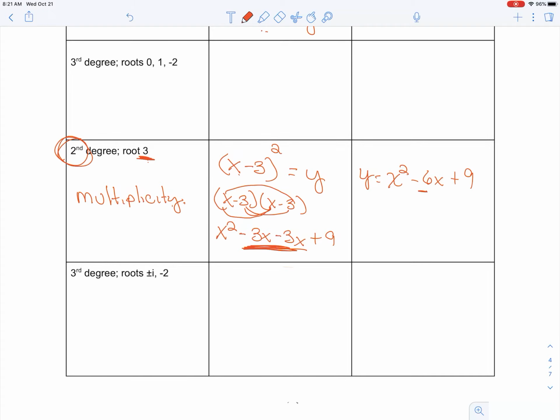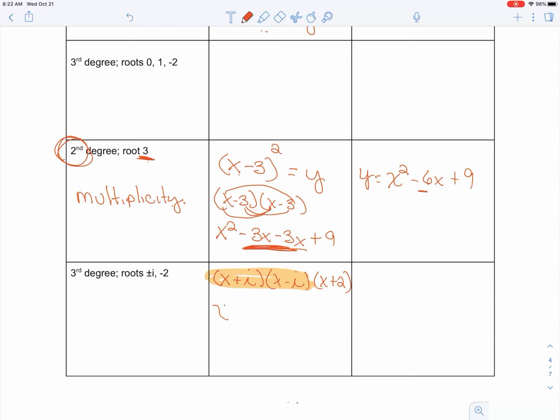So I have third degree, and I have 2 imaginary roots and a real root. So writing this in factored form will give me x plus i, x minus i, and x plus 2. Now, it is wise to multiply these together first.